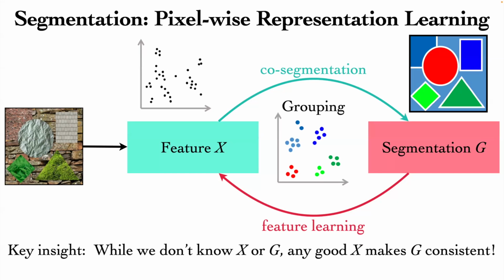The problem is, I don't know what the right feature should be, or what the right segmentation should be. Our insight is that while we don't know what the feature or grouping should be, any good feature should make grouping consistent. Here's the illustration. Given an image, there's some ground truth unknown to us, a way to segment this into 10, 20, or different granularities.